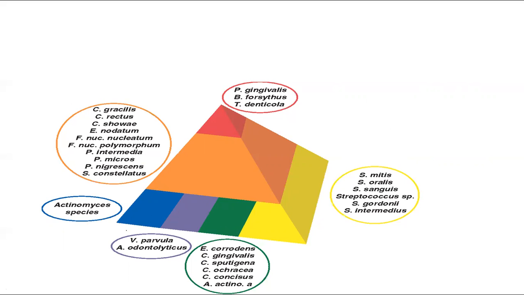If you imagine this is the pellicle, okay, and the initial colonizers are green complex, first they will attach, and then as you go higher, this is going to be an anaerobic environment, okay? The main complexes to remember are red complex and orange complex.